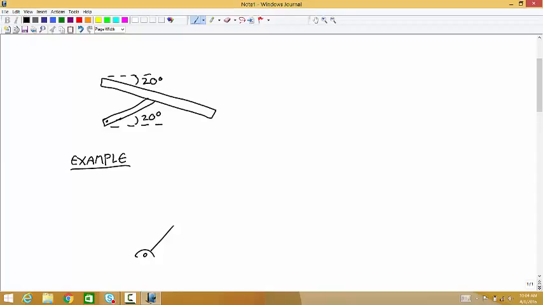Okay, so let's say we have this member connected to the ground at a 45-degree angle, and we'll make this 1 meter. And then this member, let's make it 1/2 meter.